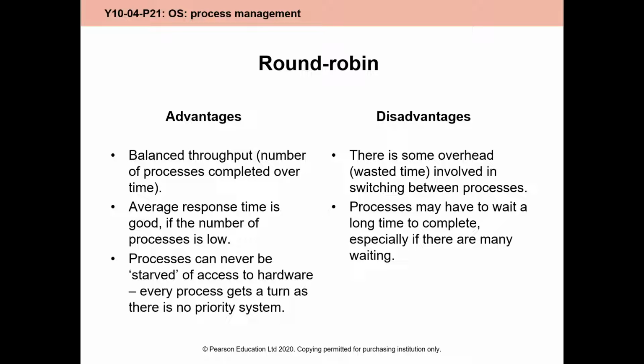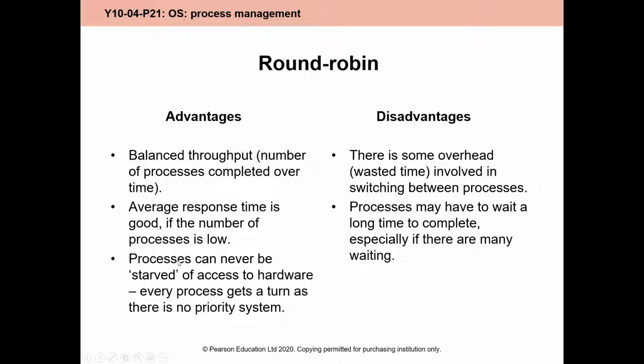You don't really care about checking if Google Chrome is up to date or checking your antivirus definitions is up to date. You definitely want to do that, but not whilst you're playing your game. You don't want to have to go through all of the processes. It's bad. So if there are lots of processes, it can take a long time. The response time is going to be high.